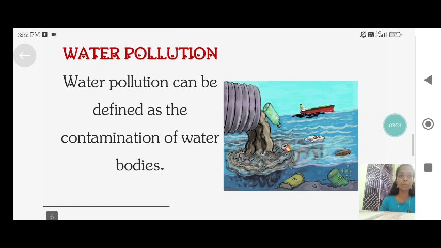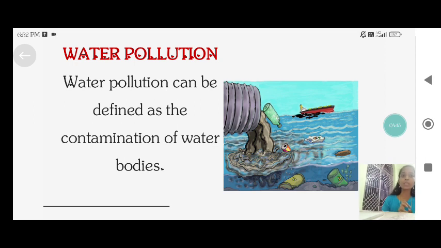Now next is water pollution. Water pollution is contamination of water bodies through the discharge of pollutants like chemicals, wastes and microorganisms, which affects aquatic life as well as human health. In this figure you can see the wastes being poured into the sea.